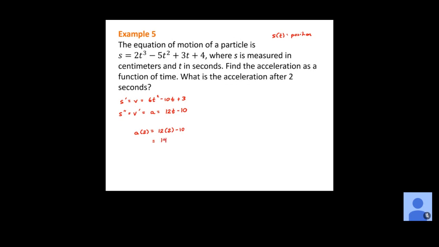Now think about your units, right? Because we need to make sure we have units on these types of problems. What would the units for acceleration be measured in here? Centimeters represents position. Centimeters per second would represent velocity. So how would you represent acceleration?